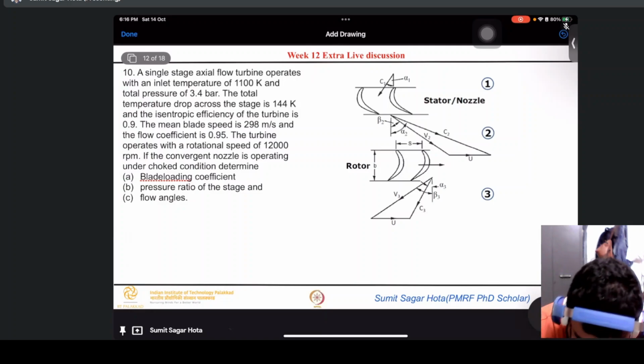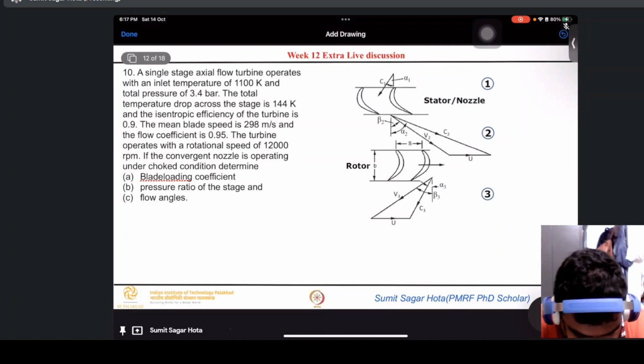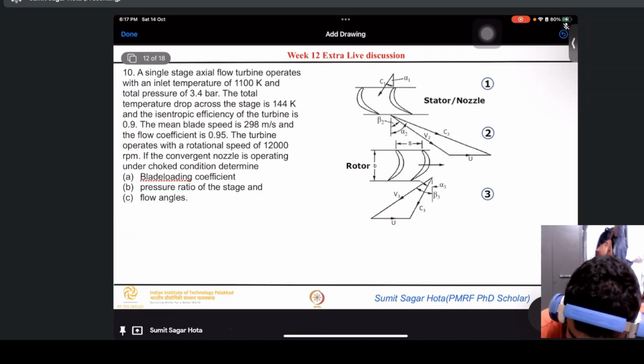The corresponding diagram I have already drawn for you. In the exam this kind of diagram may or may not be given, so you should know how to draw these kinds of diagrams.